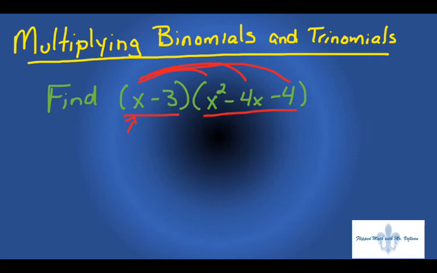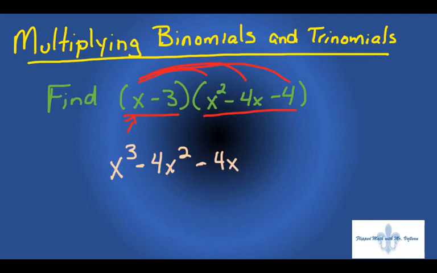So we start with x times x squared, which gives us x cubed. Then we multiply x by negative 4x, which results in negative 4x squared. And then finally, by the last term, we end up with negative 4x. That takes care of the first grouping.